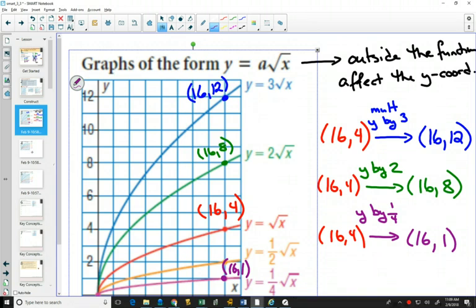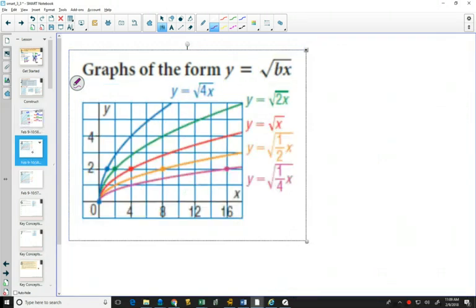So if we look at the next example, this time we've got a b value inside the square root. So we can make a note that this is inside the function. And because it's inside the function, everything inside the function so far in all of our transformations has affected things horizontally.